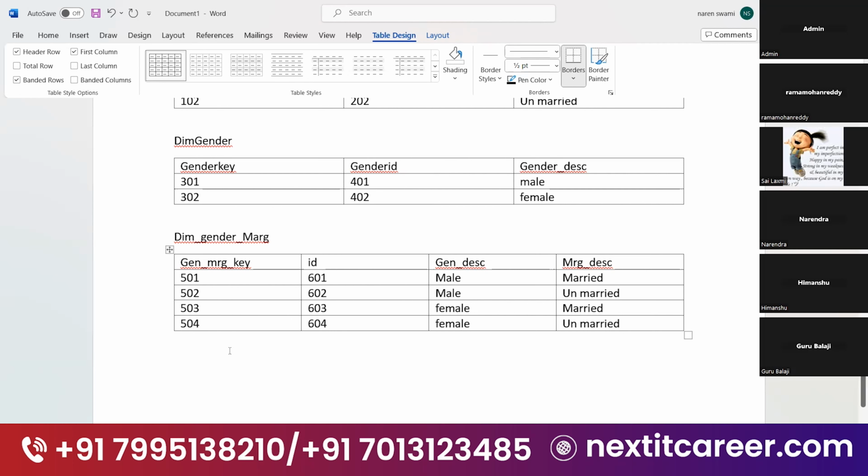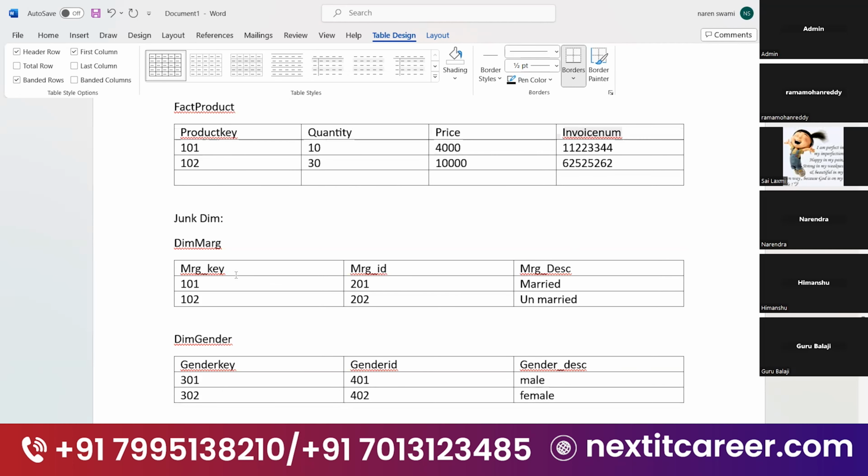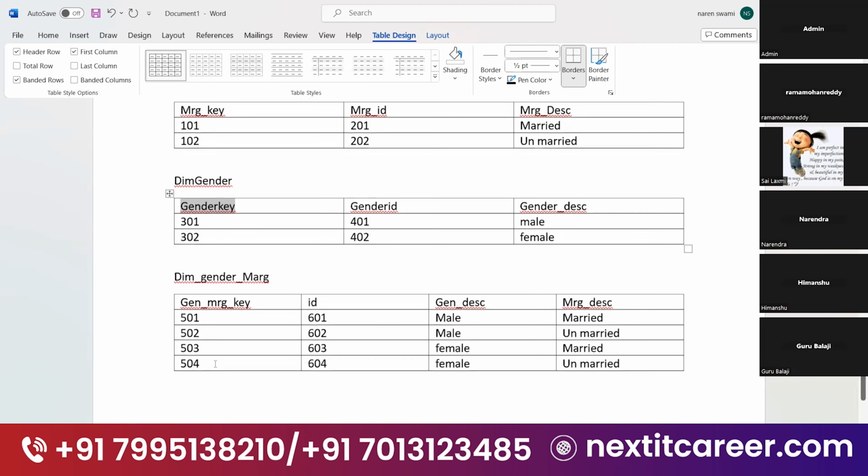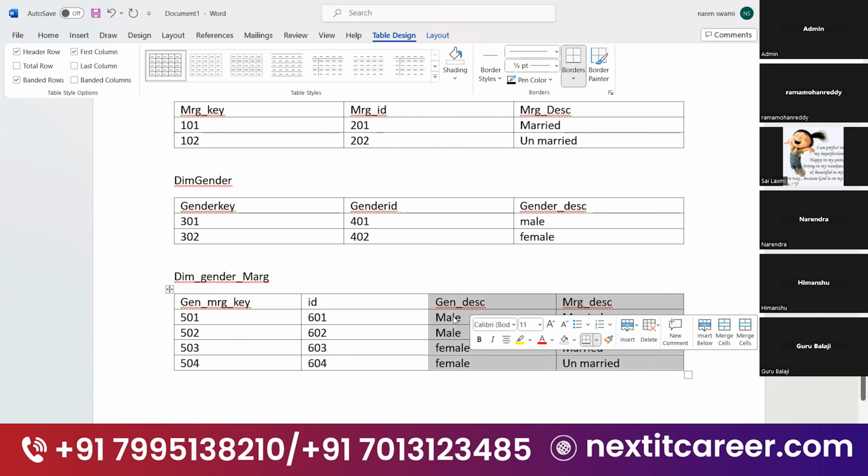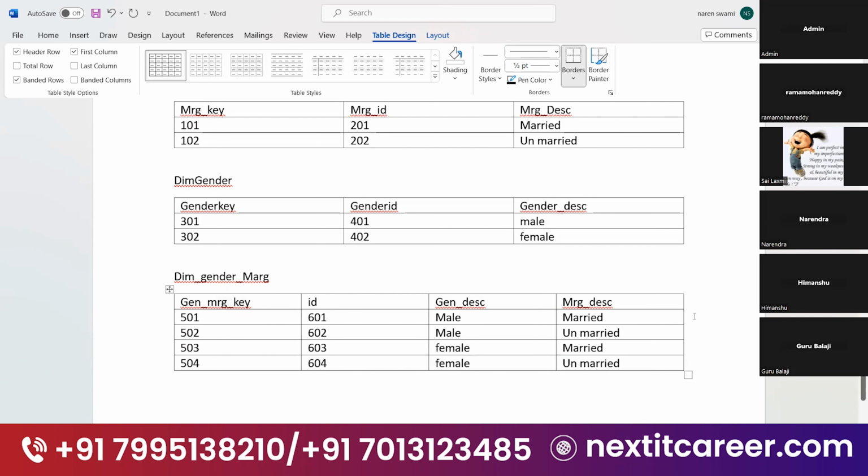Okay, like this. So instead of having these two keys in a fact table, we can have only one key to get the data of a particular customer: whether the customer is male and married or unmarried, and if the customer is female, whether married or unmarried.